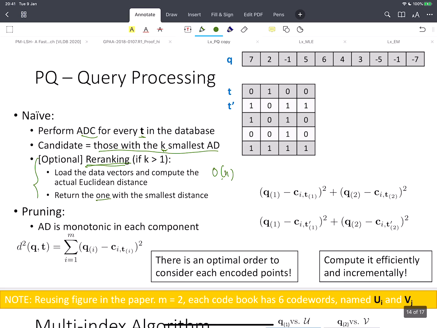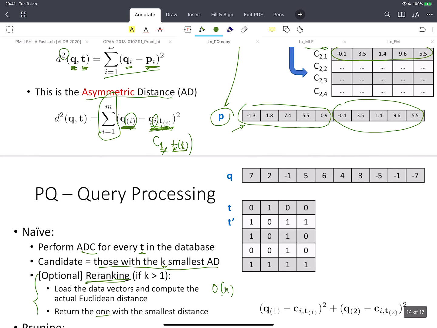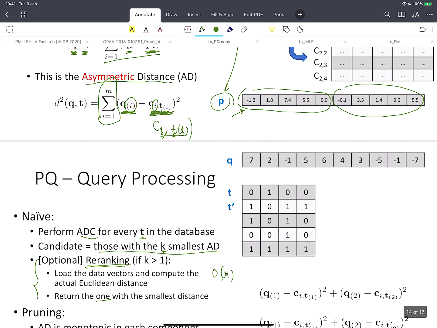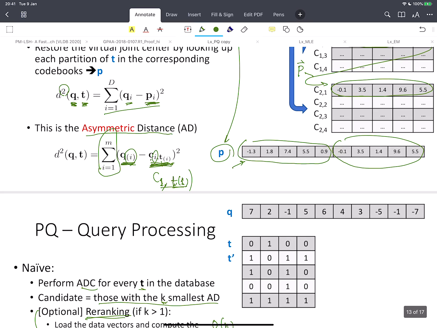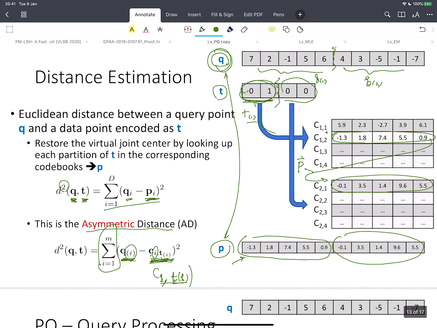One of the things we can do is that p is not any arbitrary value, and it's decomposable. The distance between q and p is the distance between the first part and this part, together with the distance between these two parts, put together.